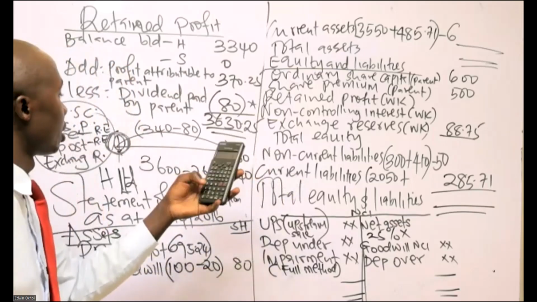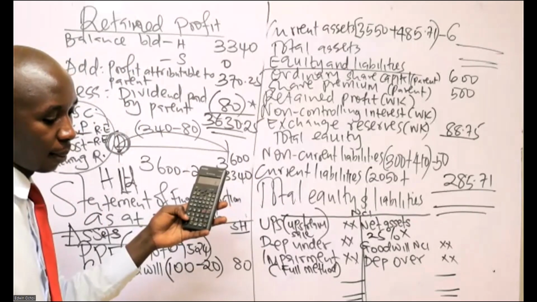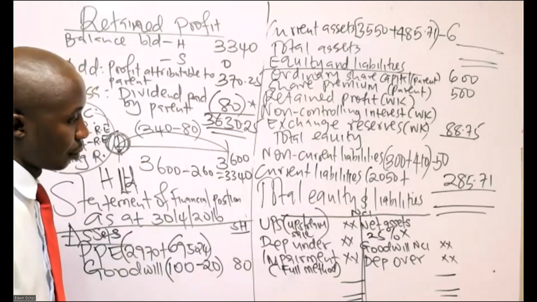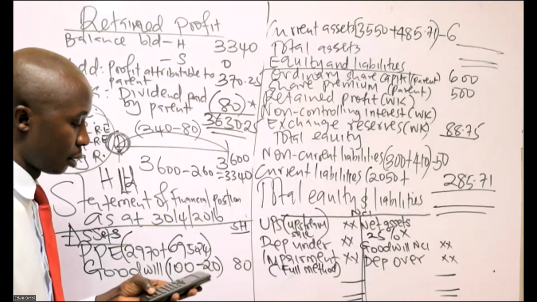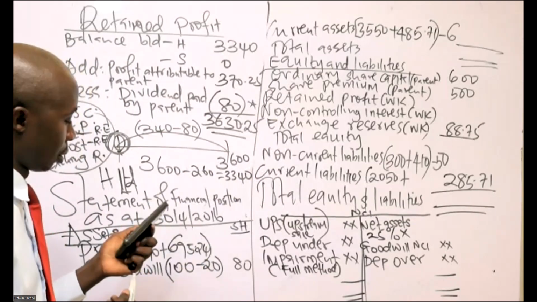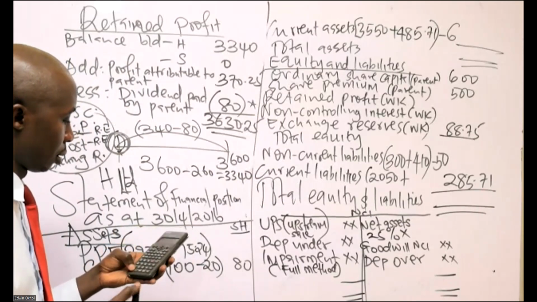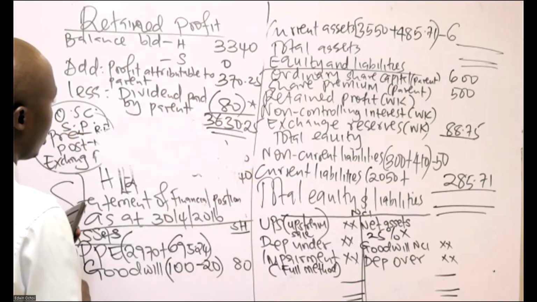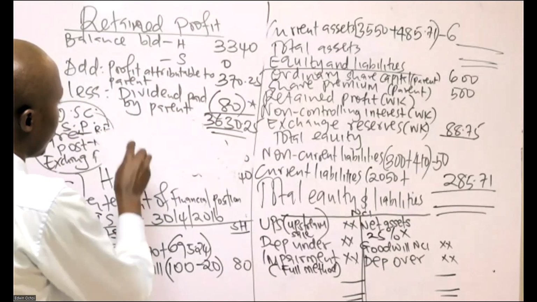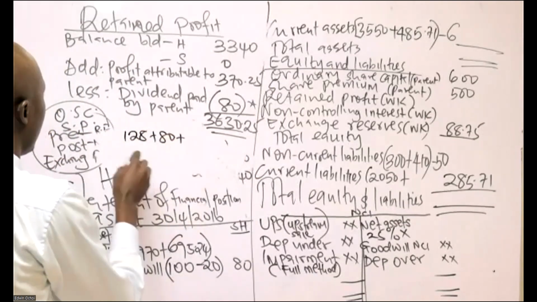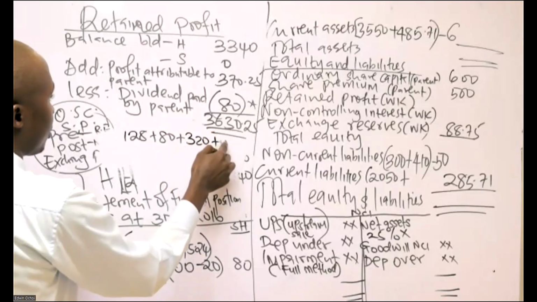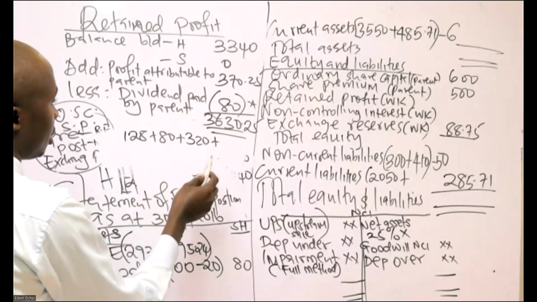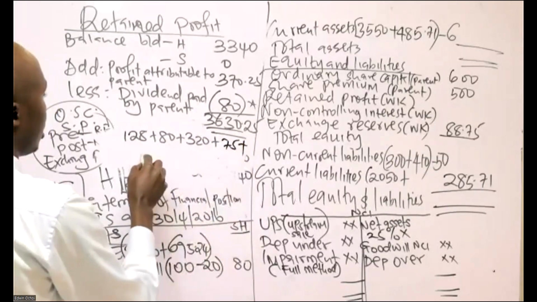Or one student can give me those figures and I add. What about ordinary share capital? It was the translated: 128, plus share premium is 80, plus 320, plus the post retained profit, 75, then exchange reserve.